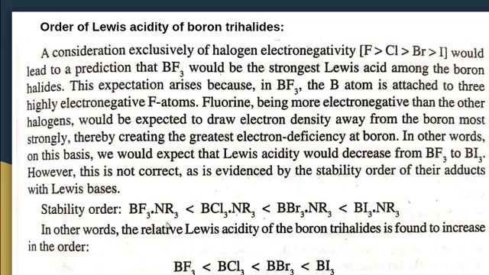Actually, we expected that BF3 would have high stability because it is considered the strongest Lewis acid, so it would form a strong adduct with the Lewis base, but that was not the case. The stability order of boron trihalides with Lewis base changes in the order from BF3 to BI3.